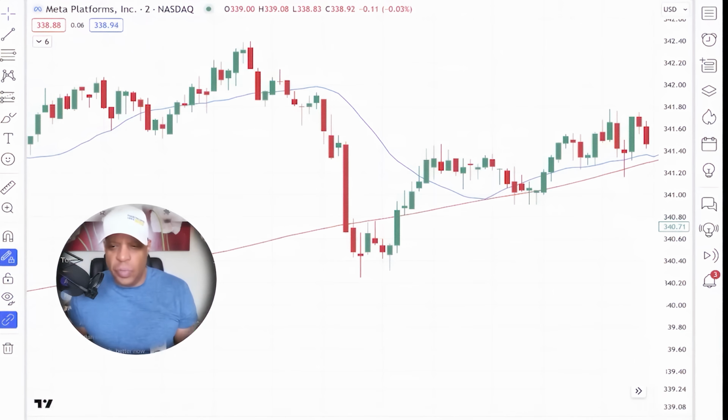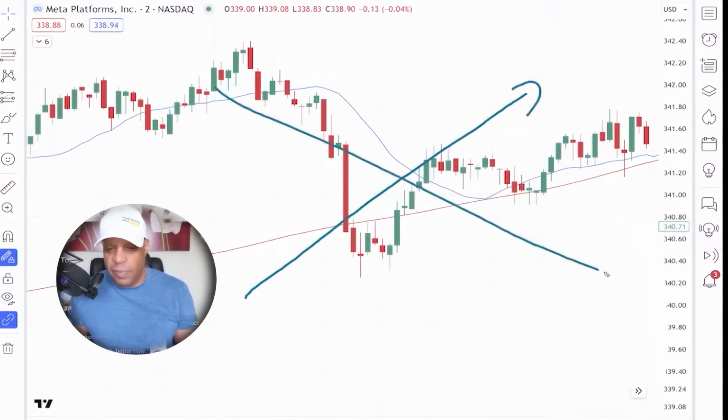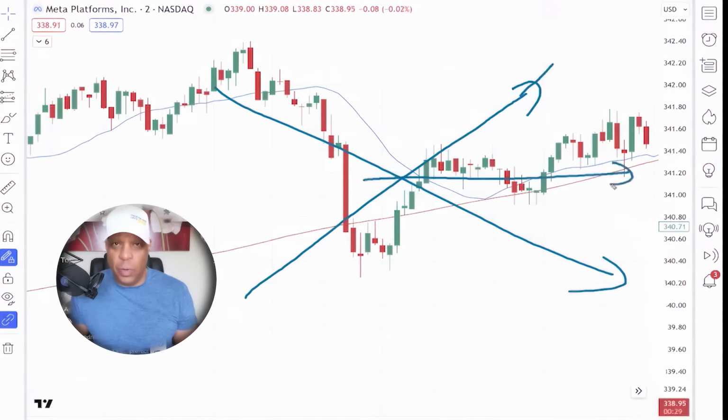All right. So this would be 45 degrees to the upside. This would be 45 degrees to the downside. And if you're not that steep, then you're either flat or relatively flat. Okay. So out of these scenarios, you would have to say you're relatively flat.